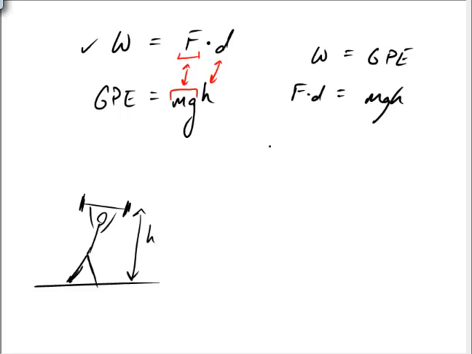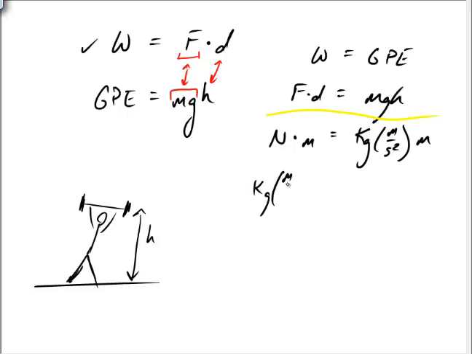And if you really wanted to check out the units on this stuff, maybe I should do this in a different color. It's a kilogram times a meter per second squared times a meter. And you go back and you remember what force units were. Well, a Newton is a kilogram times a meter per second squared, and then times this other meter.